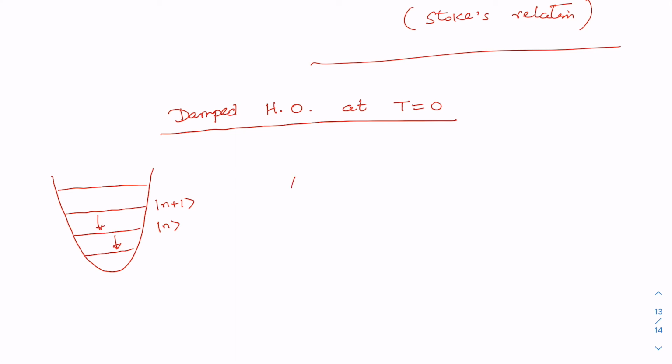In this case it is easy to guess the relaxation operator. That would be A equal to a, the annihilation operator, and the decay is happening at rate gamma.